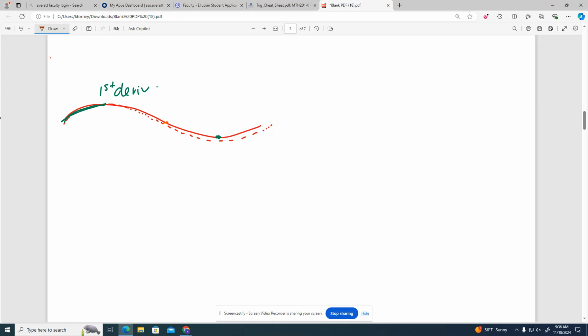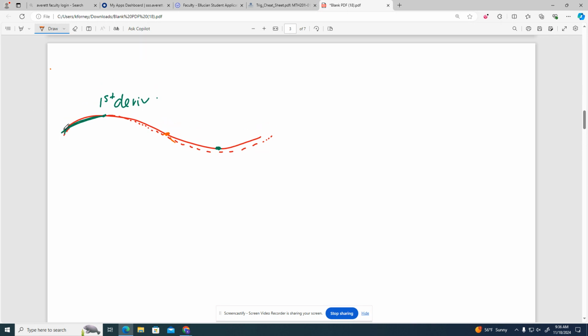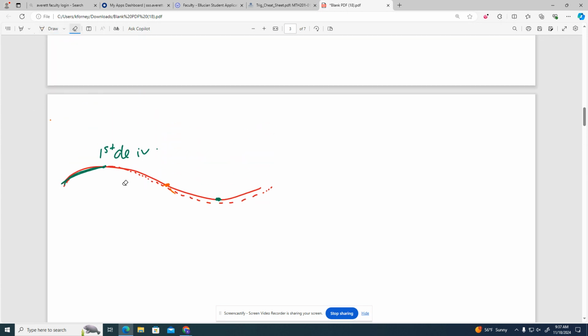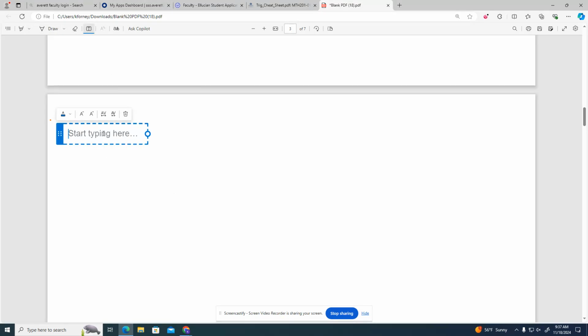And so you see that's not the same as the critical value, because your concavity starts to switch at a different point, how it curves. Okay, so that's why we find the second derivative, not just because I want you to have to do more work. There's an actual reason. So I'll type that.